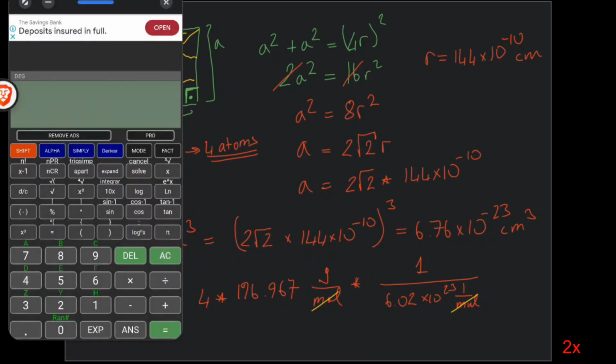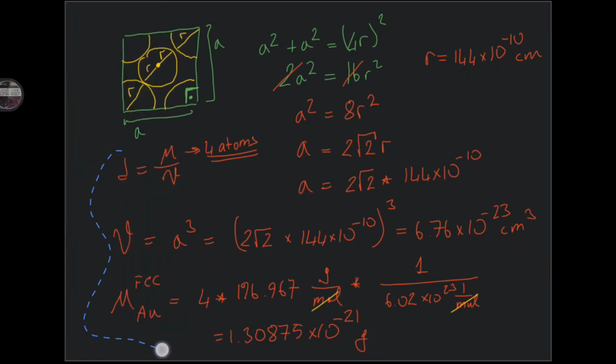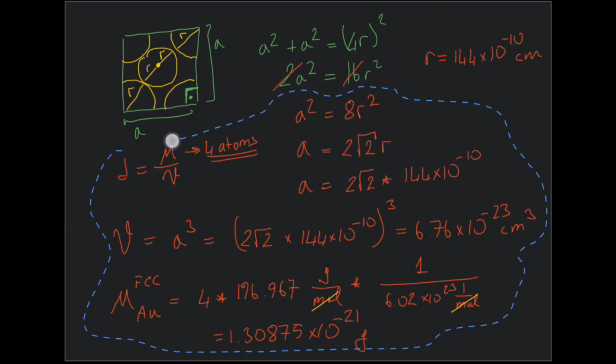Four times... and the total mass is 1.30875 times 10 to the minus 21 grams. And we can calculate the density of the gold.